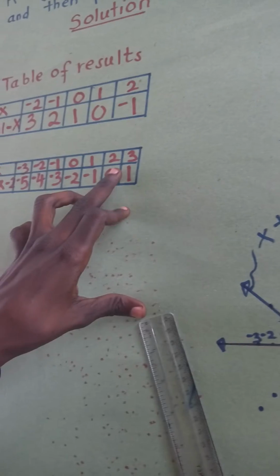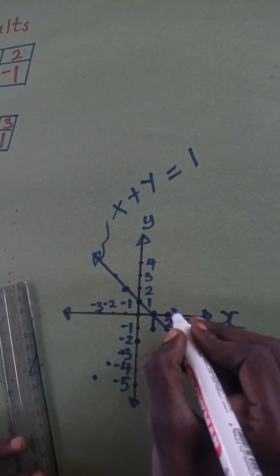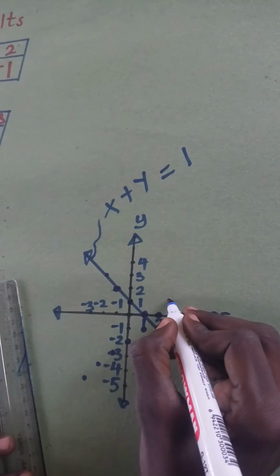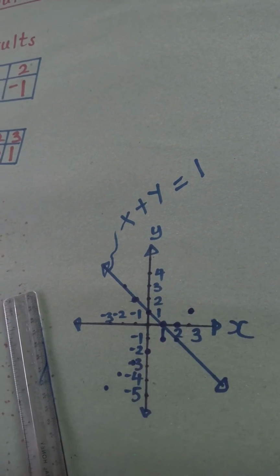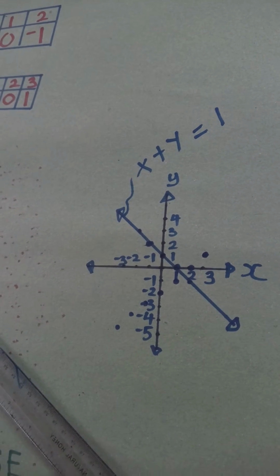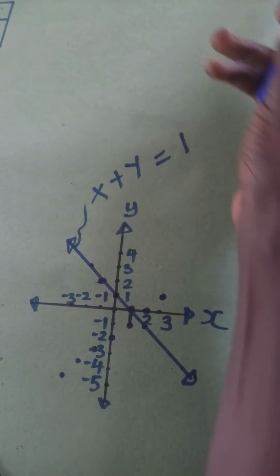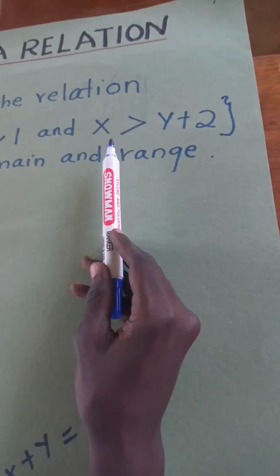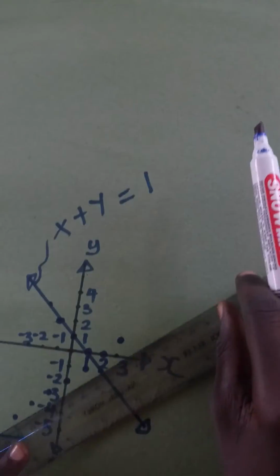When x is equal to 3, y is equal to 1, which is this point. So we're going to draw a line, but this line should be a dotted line because it is greater than. Okay? It is a dotted line.